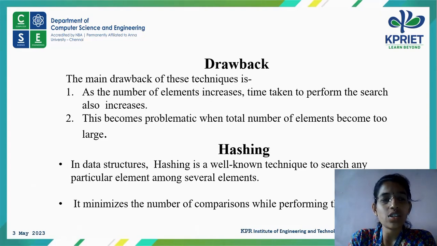In this condition, all of these techniques are not good. To overcome this problem, we go to a new concept, hashing. Hashing is one of the searching techniques that minimizes the number of comparisons. It differs from other techniques in that it reduces the number of comparisons while performing the search.